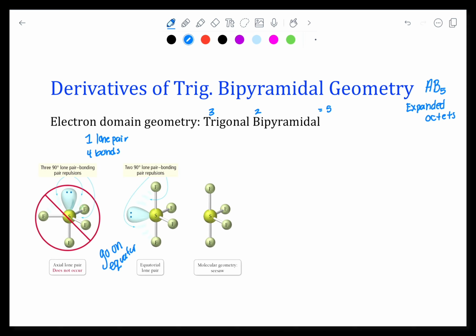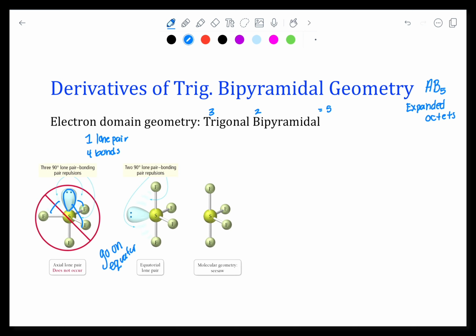So if we put them up on an axial, which is the example we have here, there are now 3 90-degree angles that are repelling those lone pairs. Lone pairs are strictly electrons. They're not wrapped up in a bond being shared or anything like that. So they want to repel them more. We don't prefer lone pairs.